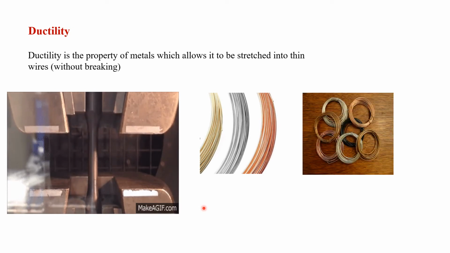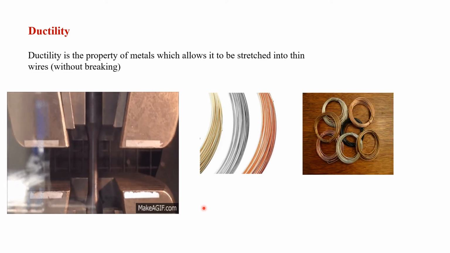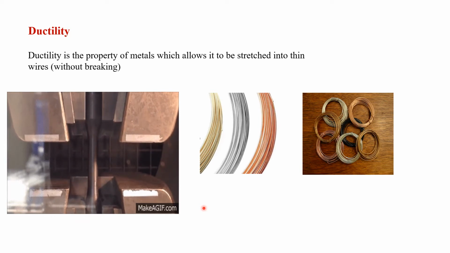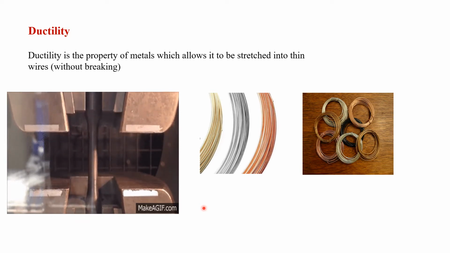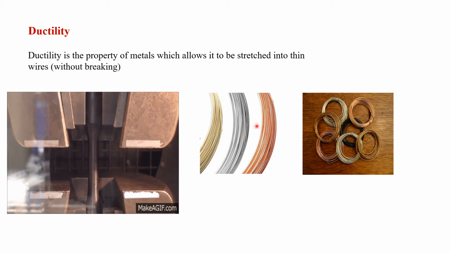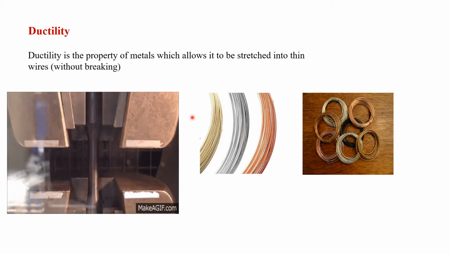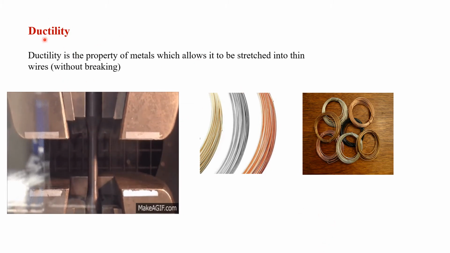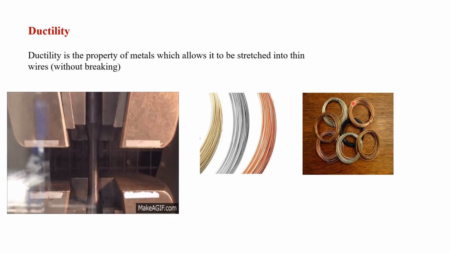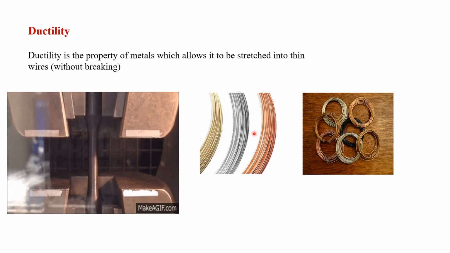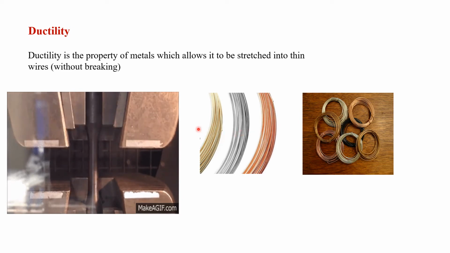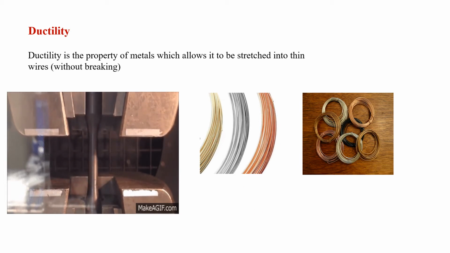As conductors in different electrical devices we need fine and thin wires, and they are prepared this way on the basis of this property of metals. Very popular are copper wires for electric devices, aluminum wires, and gold wires also.